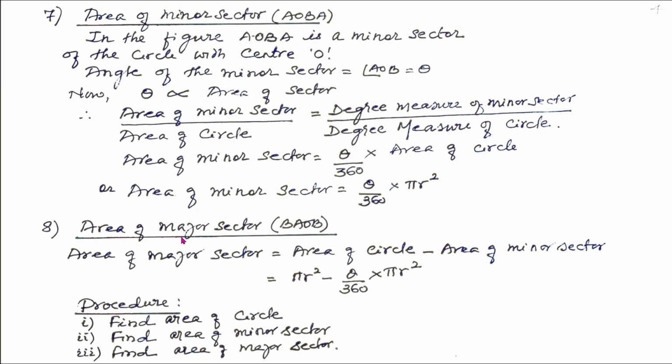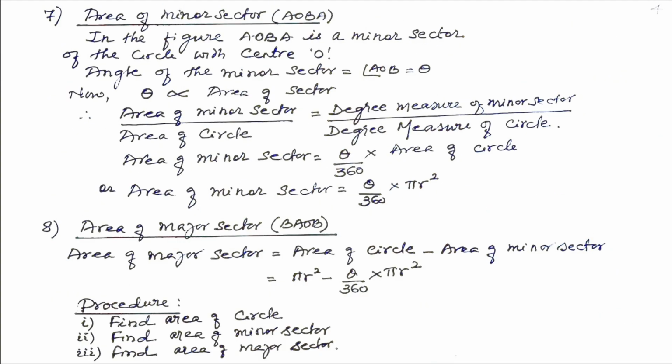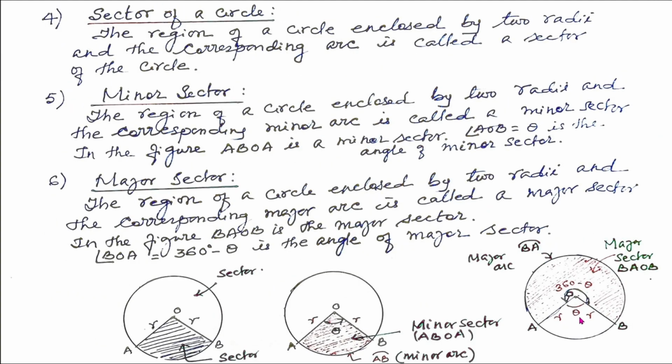Now let us understand how to find the area of the major sector. If you look at the figure, this is the minor sector and this is the major sector. Now, if I subtract this portion from the area of the circle, that means the area of the circle minus the area of the minor sector, we will get the area of the major sector.